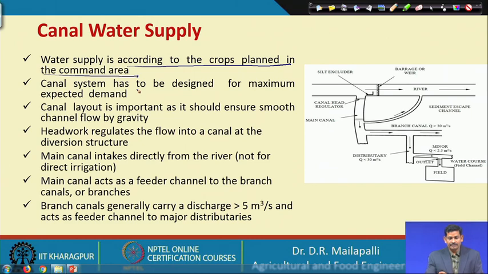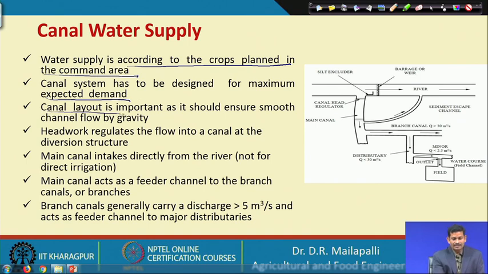So the water supply to a particular area depends on what kind of crops are really planted in that area. The canal system has to be designed for the maximum expected demand. You never know whether in the future the demand will be more or less, but the canal system should be designed based on the maximum demand for that area.